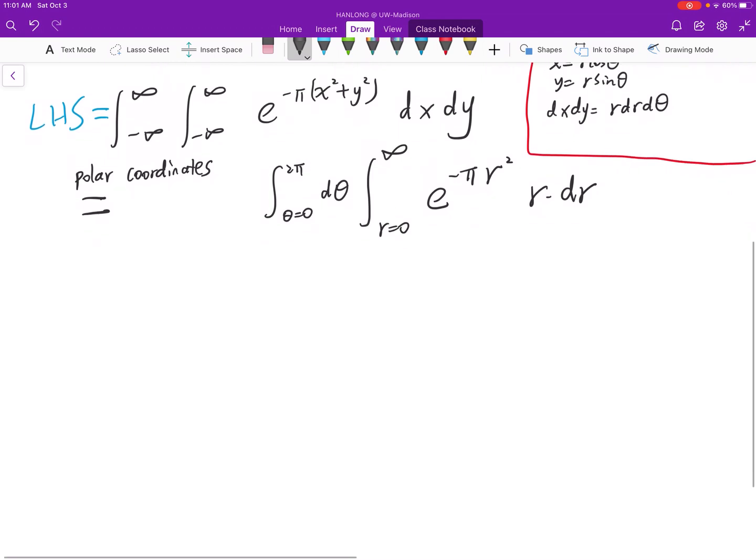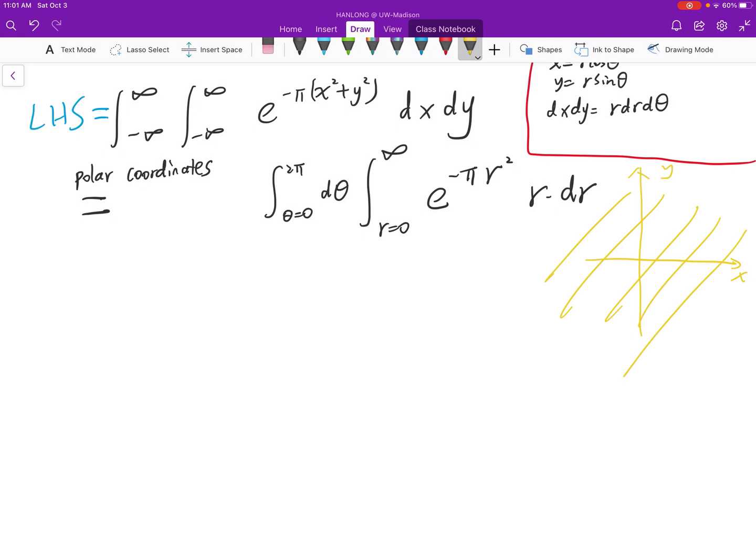Then the picture is as follows. We have the whole xy plane, and now you use polar coordinates to represent it. One direction is a circular direction, which is parametrized by theta. And the other one is the radial direction, which is parametrized by r.